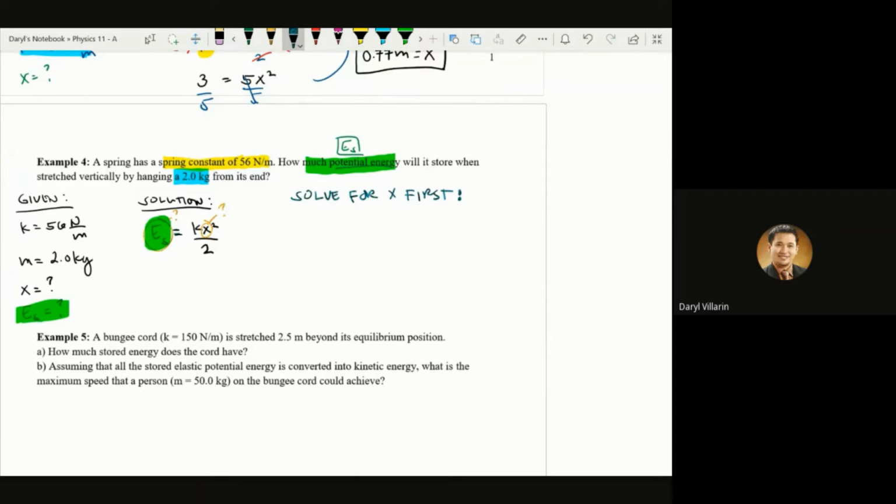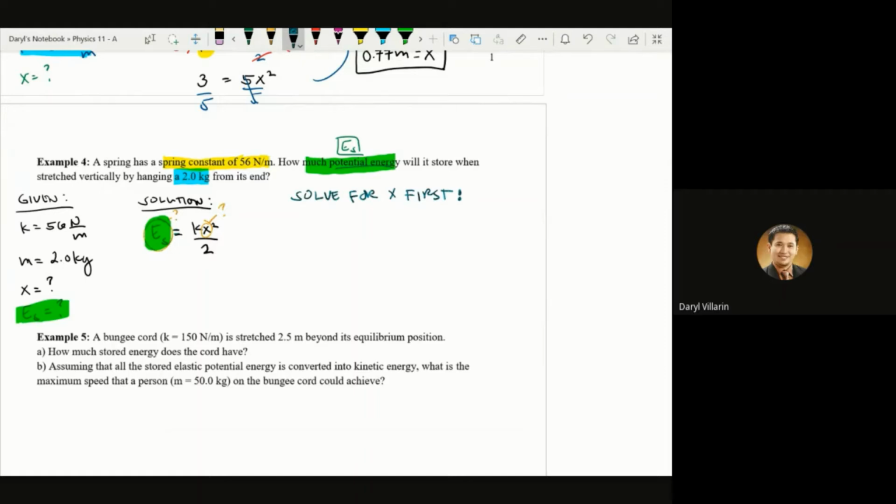But how would I do that? Okay, so remember that x would be the displacement from its equilibrium position. So we actually need some help of what we learned in our dynamics.